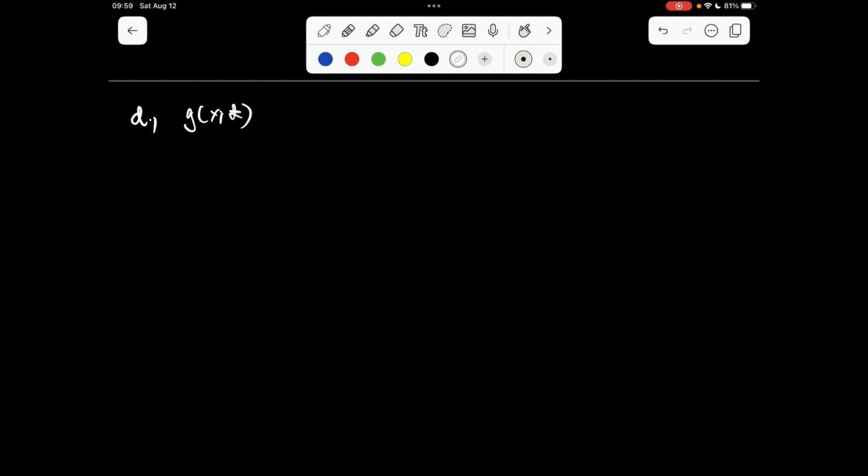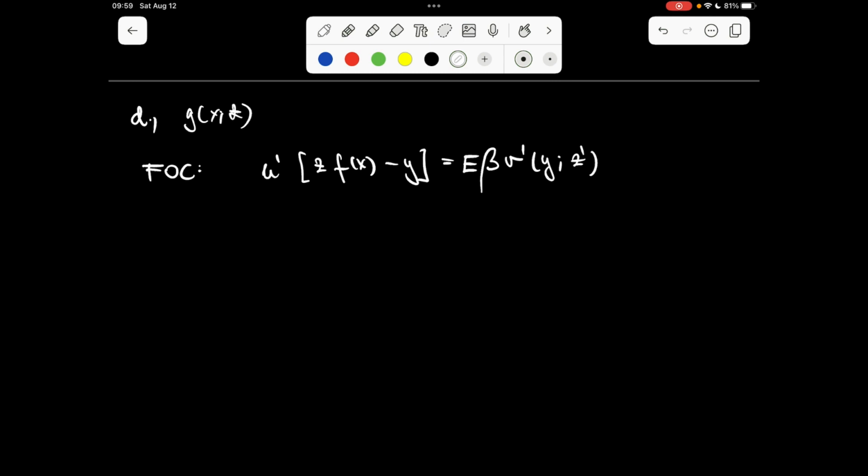So let's start with the first order condition of the problem that comes from the Bellman equation. So this is the first order condition. I'm sure you are familiar with how to get to the first order condition of a Bellman equation. The decision variable is y, so we derive the Bellman equation with respect to the variable y, and that's all.